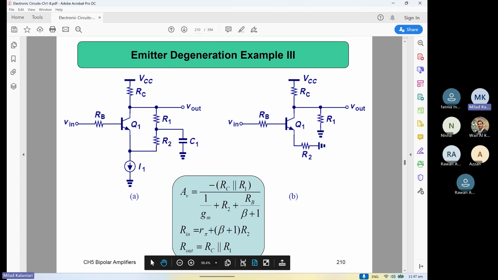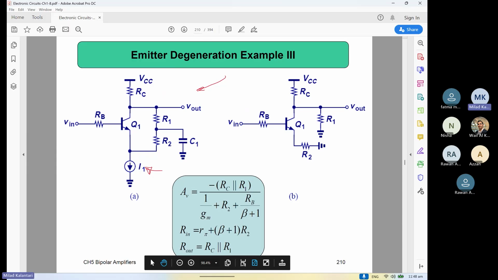So he's giving some examples. Let's say this circuit initially is this. For example, they try to bias the device using some current source. How do we solve this?